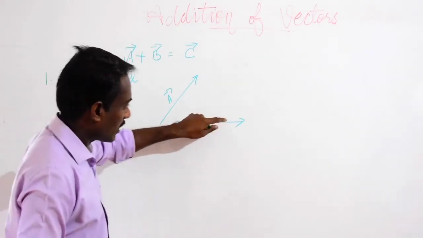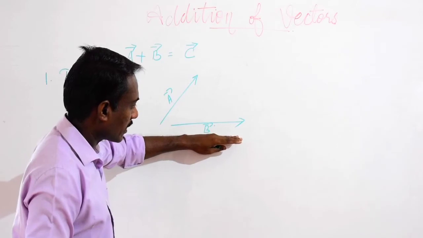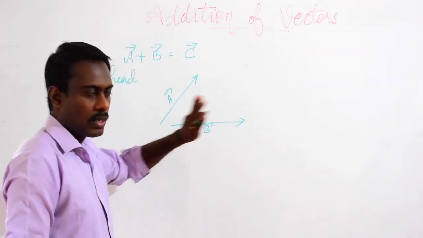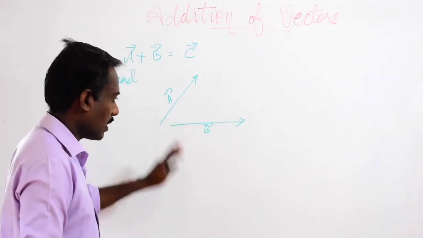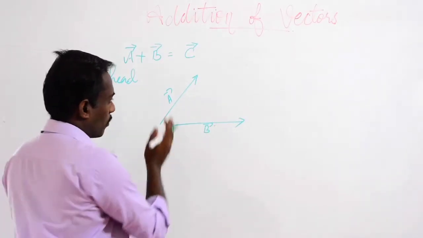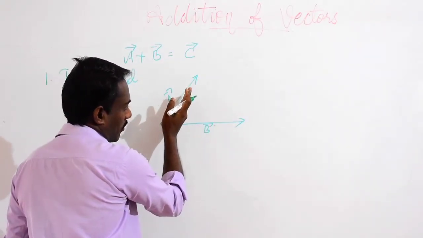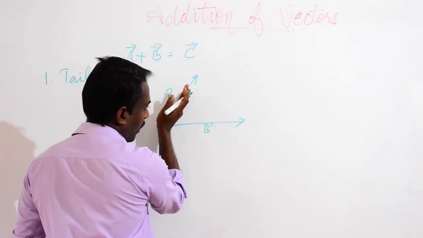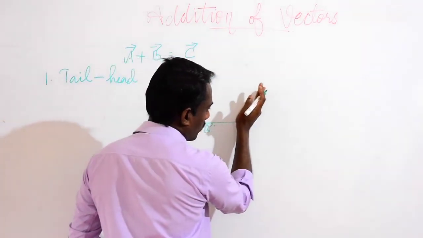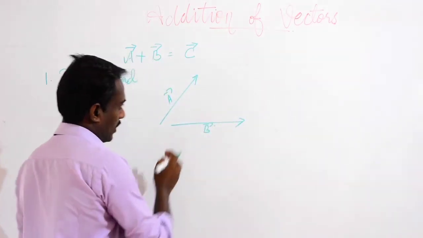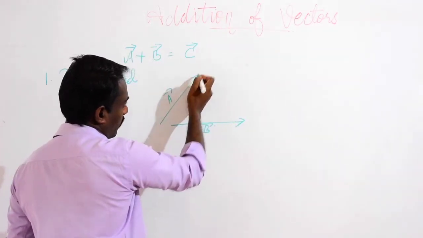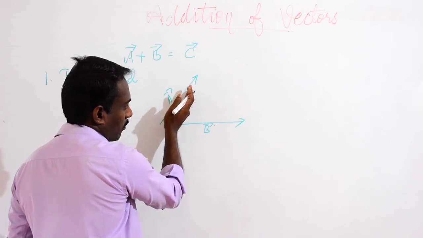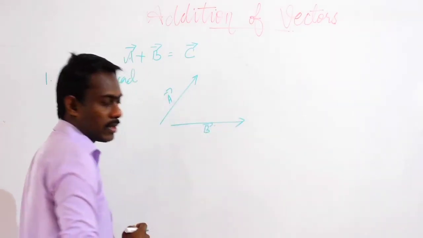Let us take the first vector B and keep it as it is. Now bring this vector A. Move the vector A parallelly towards B, without changing its direction.